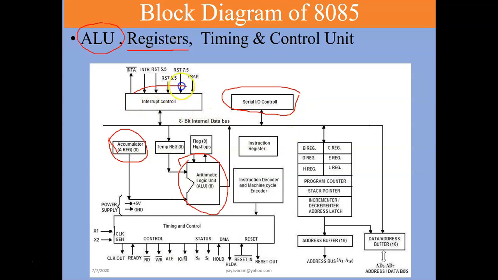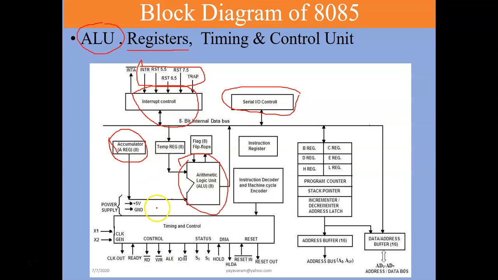And there is one interrupt controller. I have just now told you that it will support, other than reset, interrupt acknowledgement. It supports 5 interrupts, that is TRAP, RST 7.5, RST 6.5, RST 5.5 and INTR. So we will consider in detail these things in the next slides.